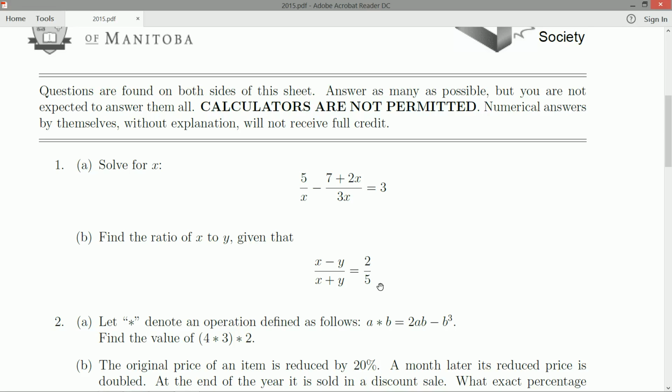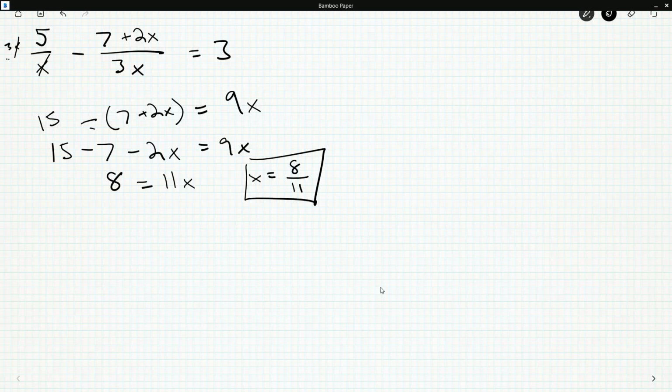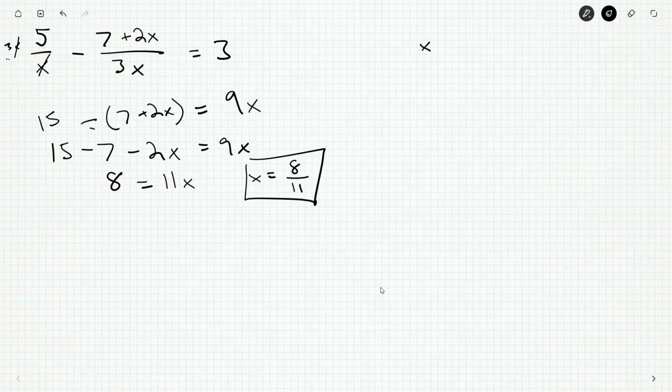But x minus y over x plus y. So again, we've got fractions. What I'm going to do is first copy this down, and I'm going to get rid of the fractions.